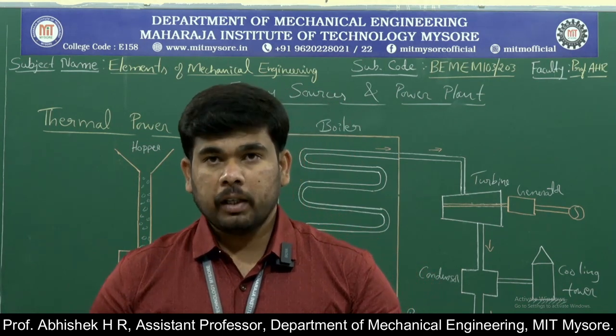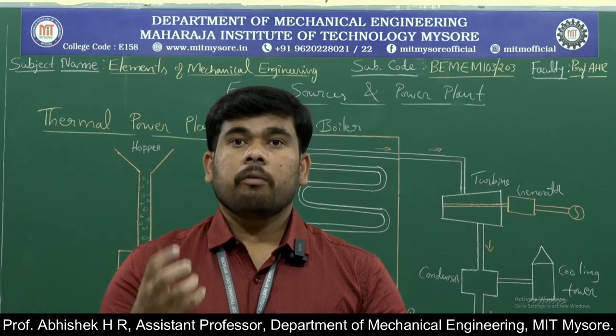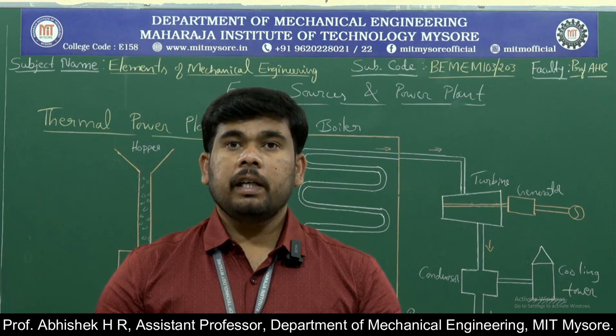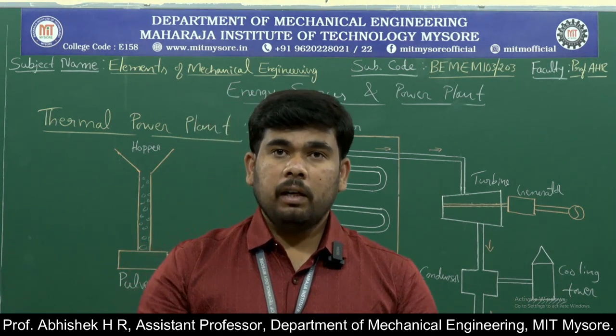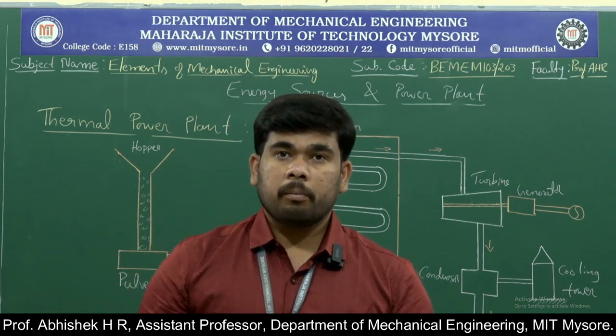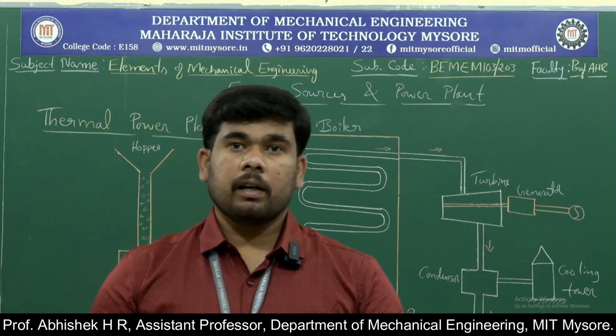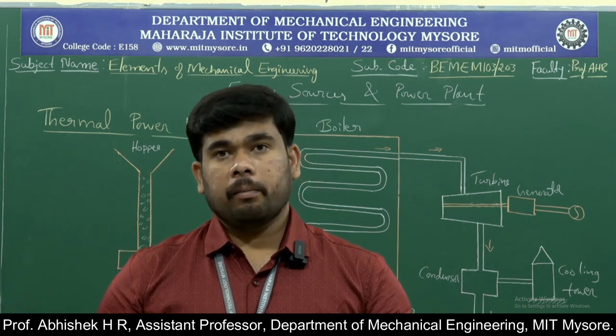And I want to tell you one more thing. This is the main kind of power plant with which we are generating and utilizing electricity. We are majorly dependent on the thermal power plant. The major thermal power plant located in our Karnataka state is the Raichur thermal power plant.